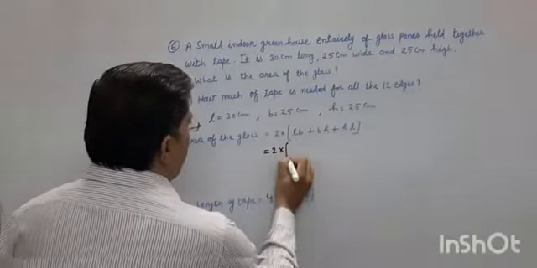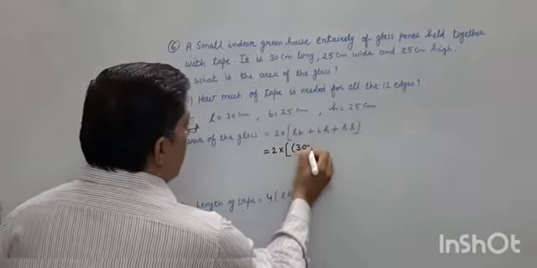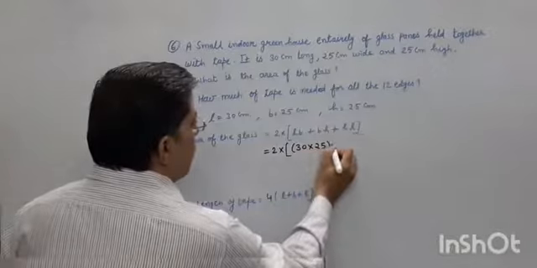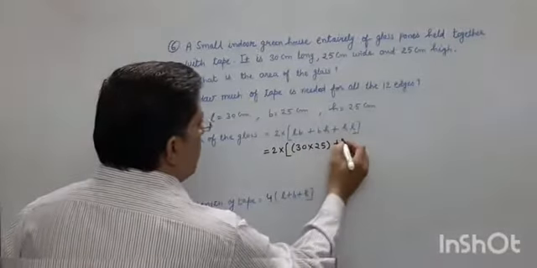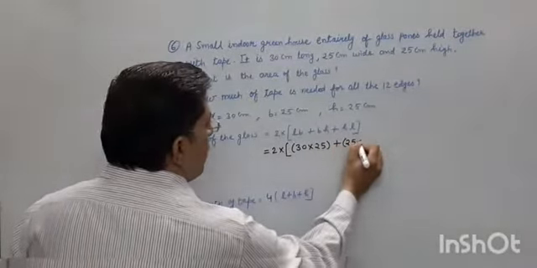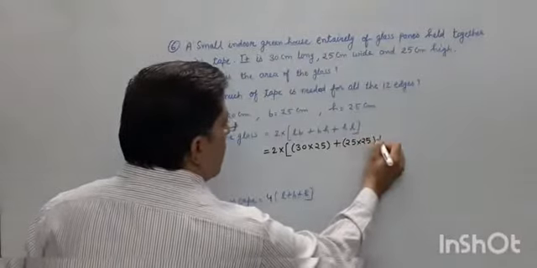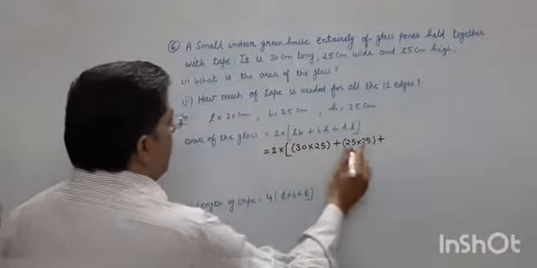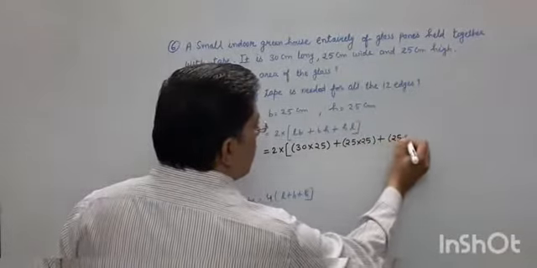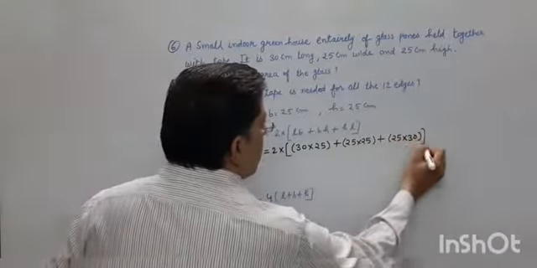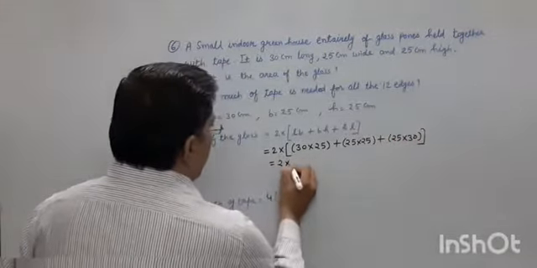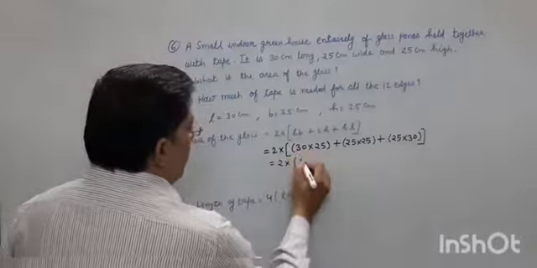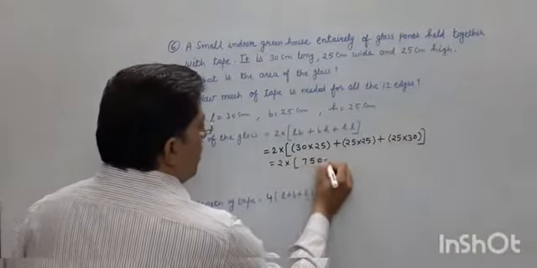2 into, what is LB? 30 into 25. BH, 25 into 25. HL, 25 into 30. 2 into 25 into 30 is 750.